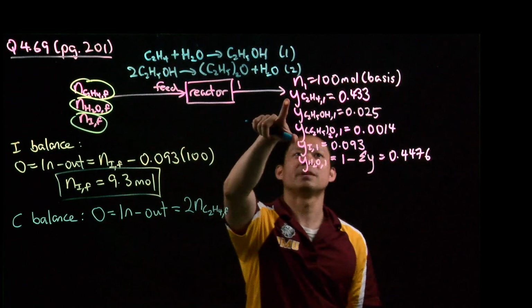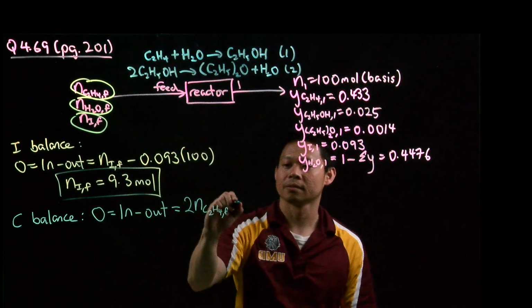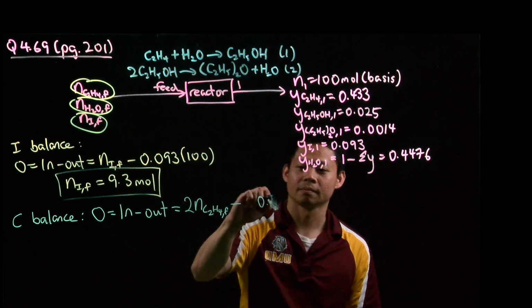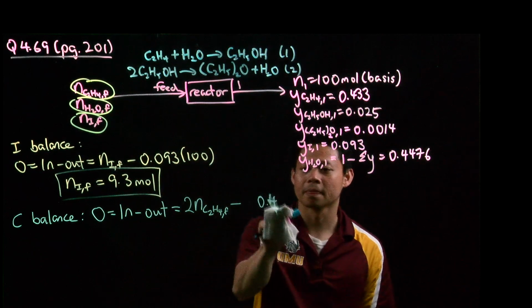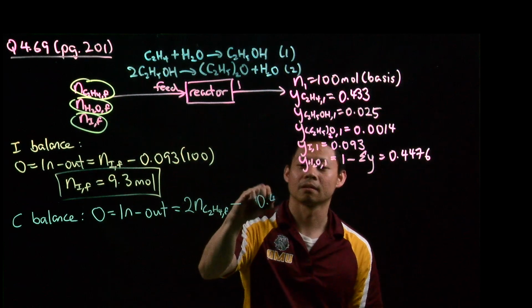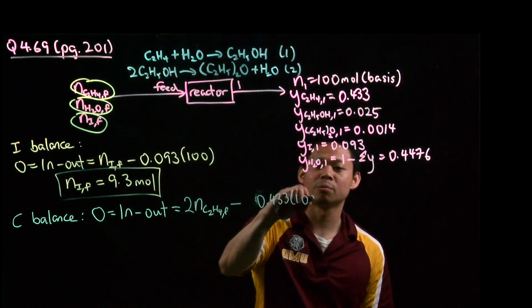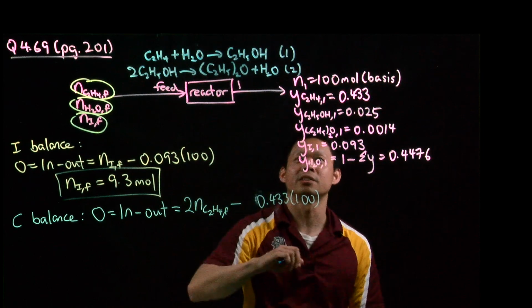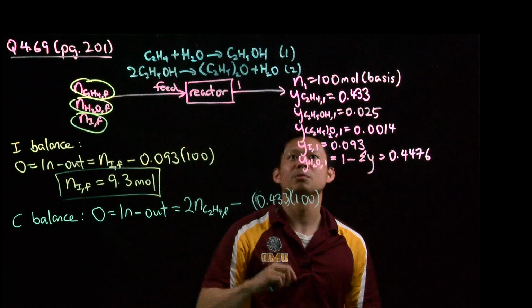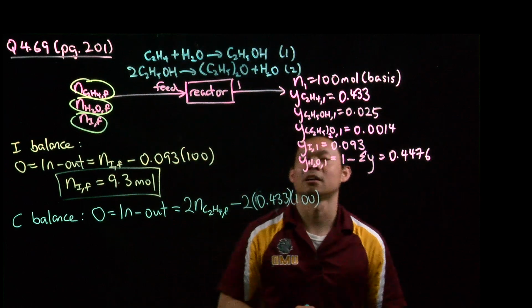Carbon is coming out in my C2H4 here. So this is the number of moles of C2H4 that's coming out in stream 1. And again, for every mole of C2H4, I have 2 moles of carbon.